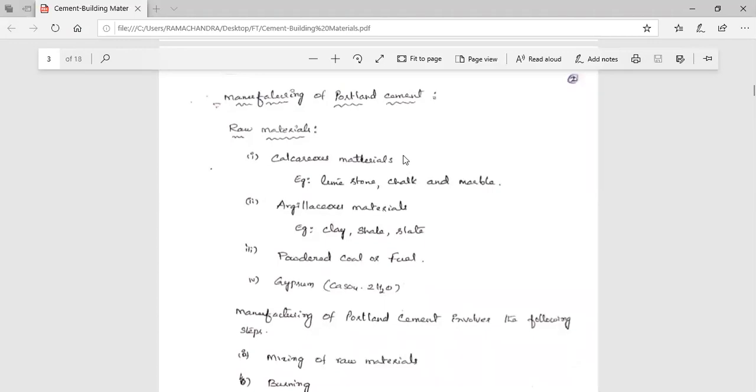Second, we require clay materials, that means argillaceous materials. Here we use clay, shale and slate. Shale is a type of rock material used for the manufacturing of Portland cement.